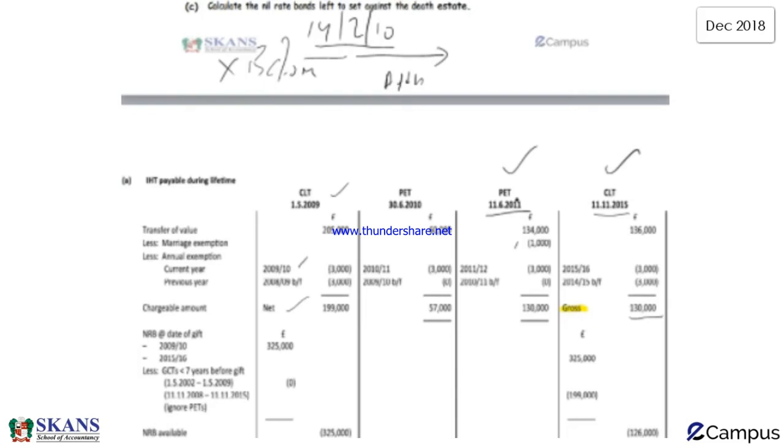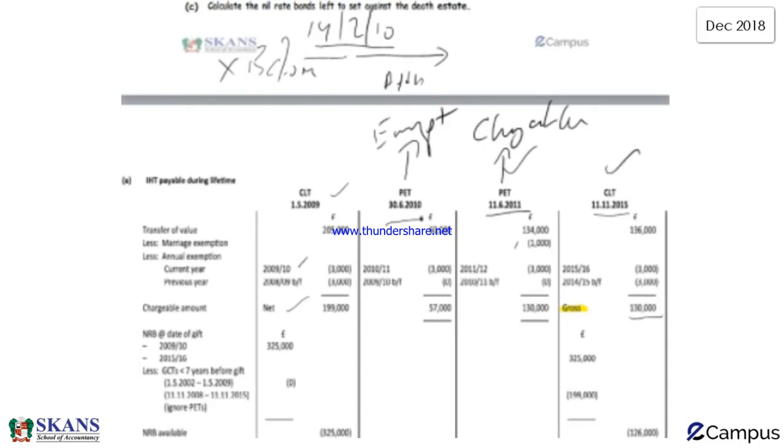Now, on death, this PET would be considered as exempt, but this PET would be considered as chargeable. That means if this PET is now to be considered in death calculations, you should not be calling it a PET, as it is a chargeable transfer, and this would also be using nil rate band.